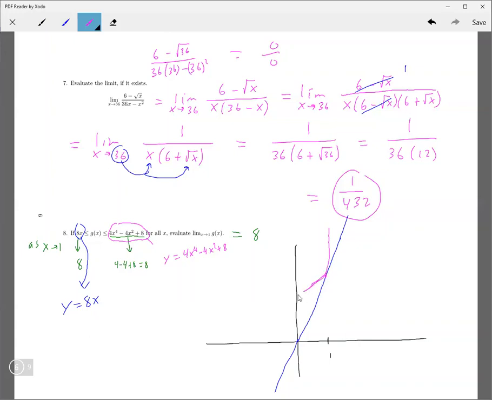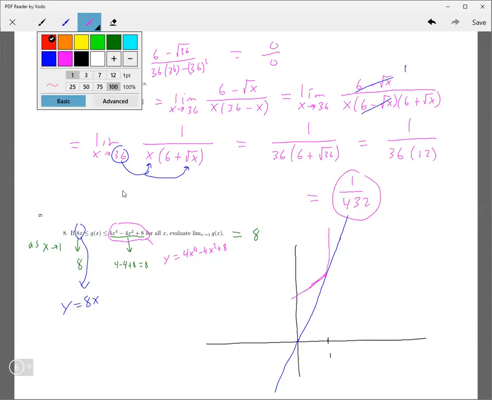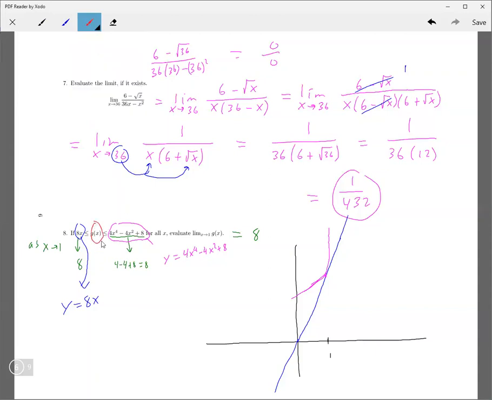Maybe, who knows? Now the problem is saying that this g, we don't know what g is, but we know that it's between here and here, between the purple one and the blue one. So g kind of has to come down through here.